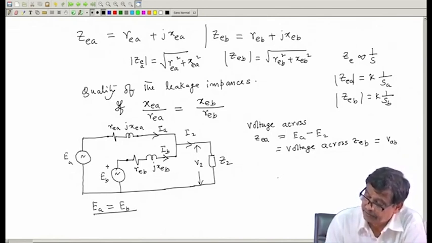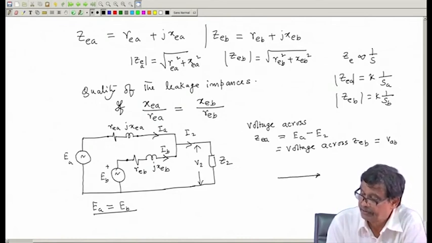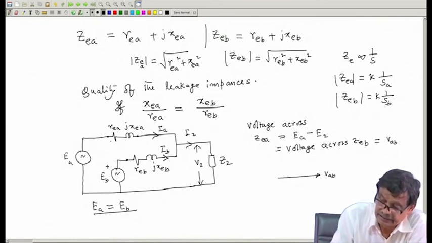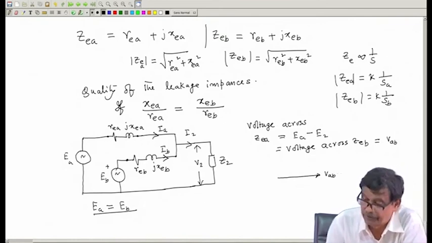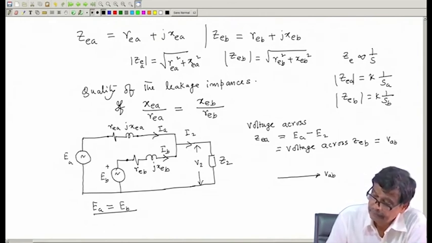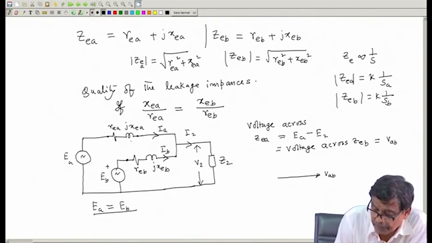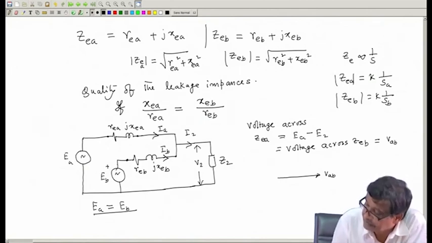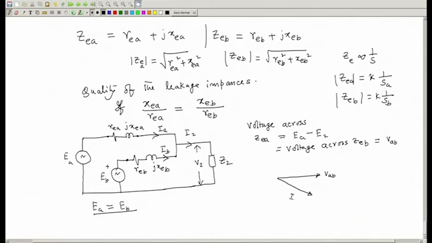Suppose I say. So, I draw that first. Here I will just give you the idea. Suppose this is the voltage across this and across this, that I have drawn. If the qualities of the impedances are the same, then IA will be lagging by some angle theta, not the power factor angle.